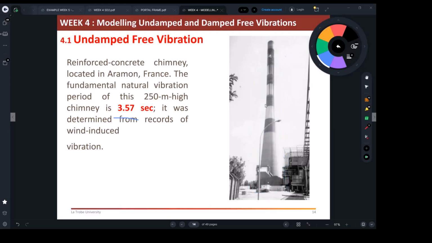And today, one of the tasks is going to show you how you can use free vibration tests to determine such a value. Because say this was built about 50 or 100 years ago, and after an earthquake or after 10 years, the council wants to check its performance.